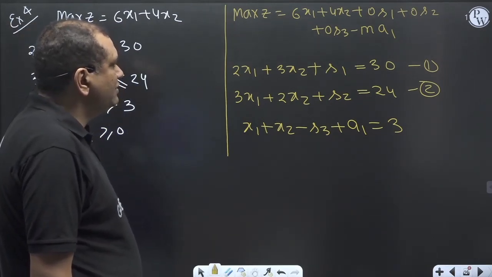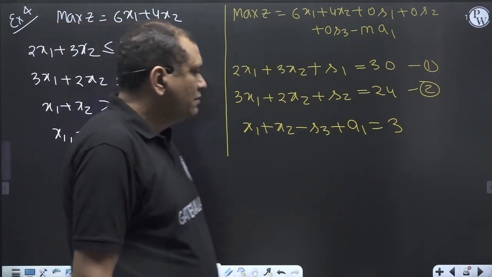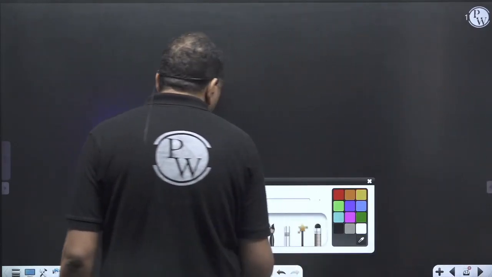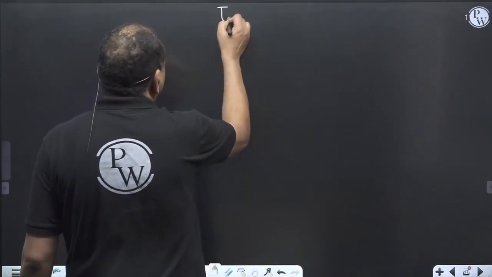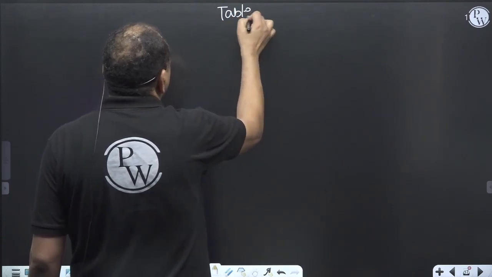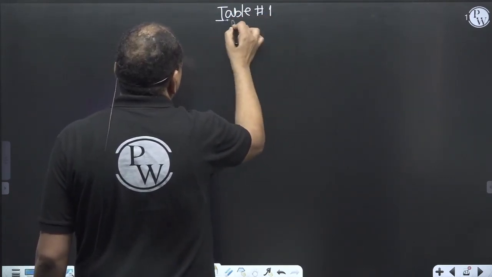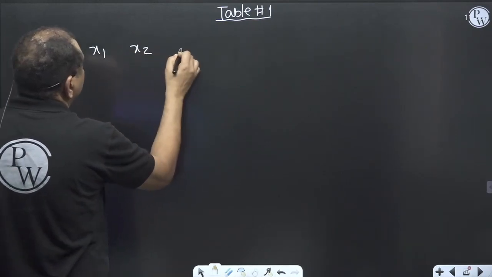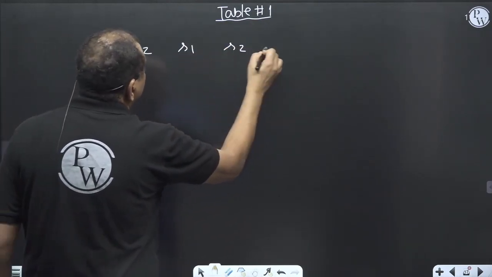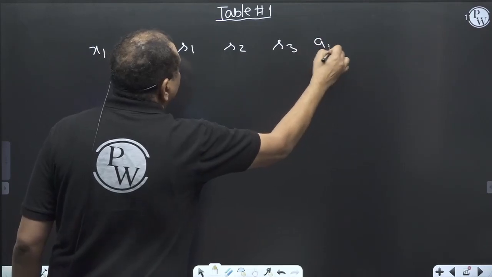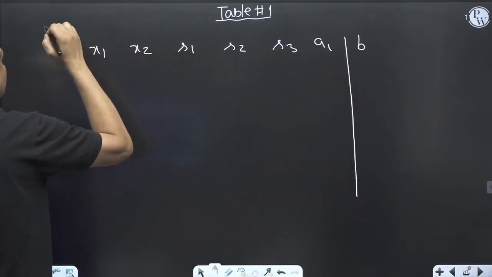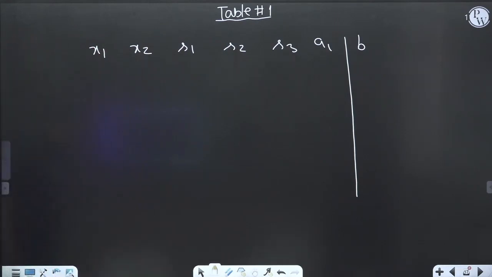So make the table. Columns: x1, x2, s1, s2, s3, a1, b. Okay, na?